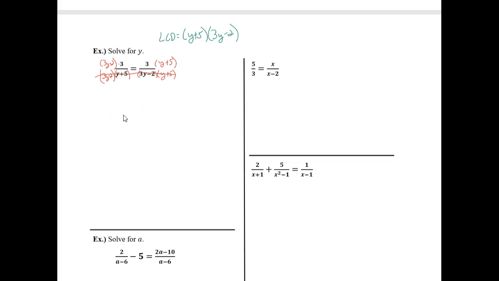So on the right-hand side, let me grab a different color here. On the left-hand side of the equation, I would multiply by that LCD. And they would divide out, right? I would do the same thing on the right-hand side of the equation, multiply by the LCD.